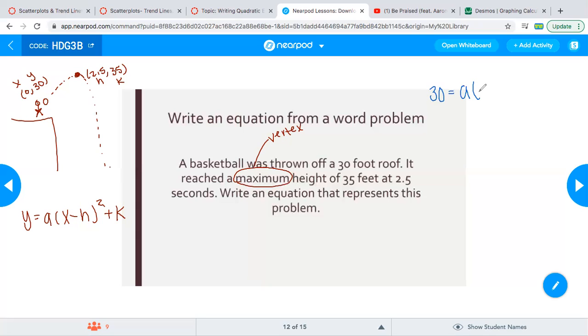So I did a times 30 squared plus 35. Then I made it minus 35. So I did 30 minus 35, which is negative 5. So negative 5 equals a times 30 squared.